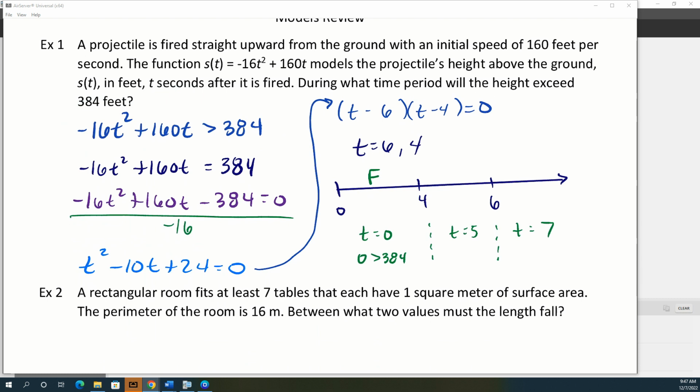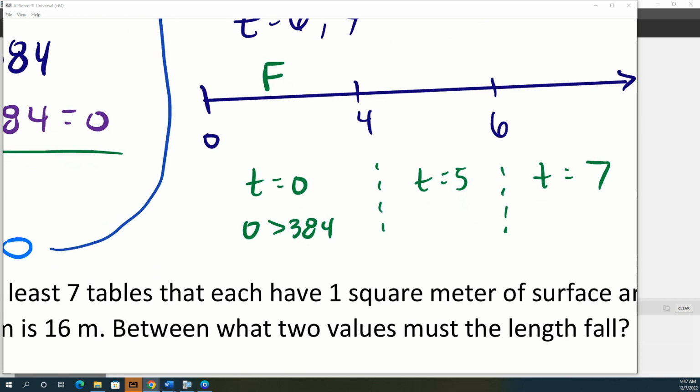And when we plug in 5, it's a little bit more difficult. It's going to be negative 16 times 25 plus 160 times 5. We want to know if that's greater than 384.